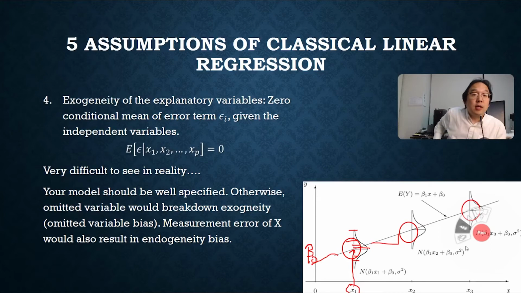But it's easier said than done. It's very difficult to see in reality. Your model should be well specified to have this happen. What do you mean? Those x1, x2, x3 variables. For example, in bankruptcy, the leverage ratio and profitability, x1 and x2.